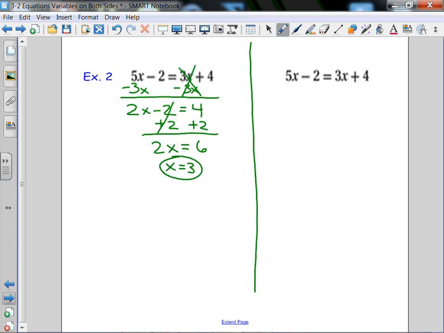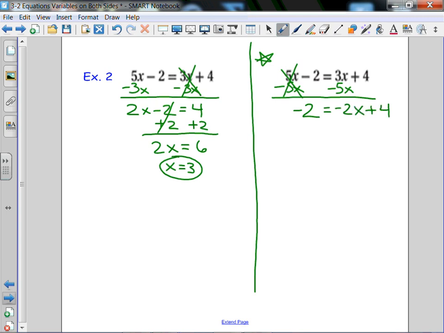Now what I want to show you on this example over to the right is that if we do it in the reverse direction, so if I subtract 5x from both sides, then I'm still going to get the same answer. It will cancel over here. I'll get negative 2 equals negative 2x plus 4.